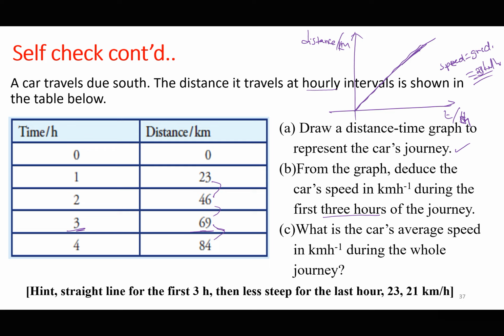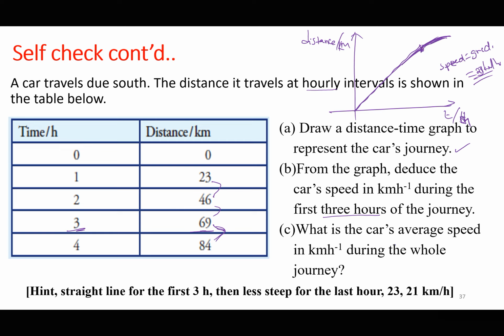Let me see, what is 69 plus 23? Yeah, here, this is not. So the straight line stops at around 69. After that, this decreases. I think it has decreased after that, so the line bends afterwards.